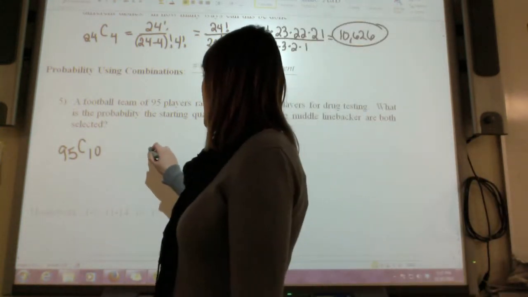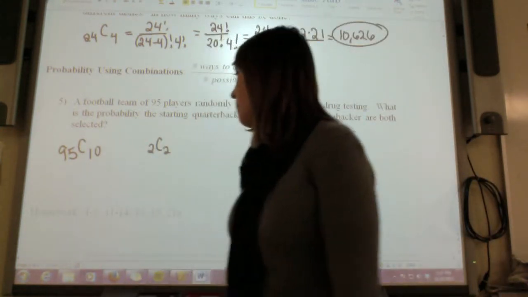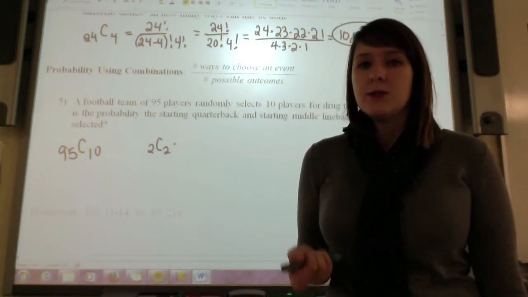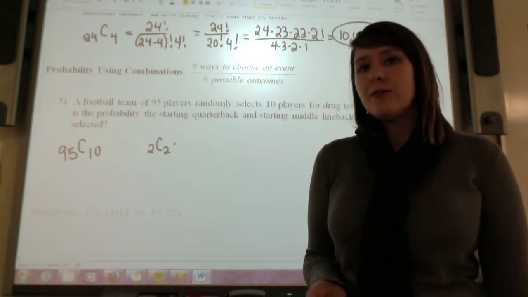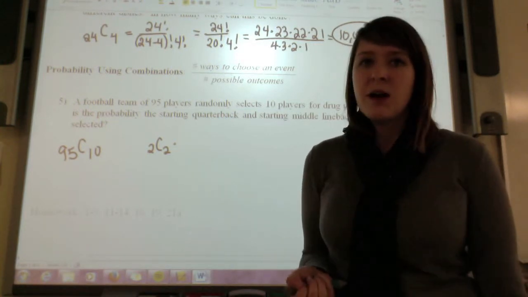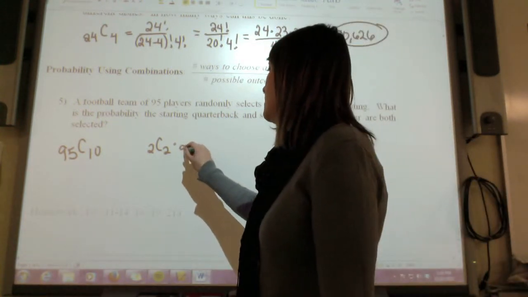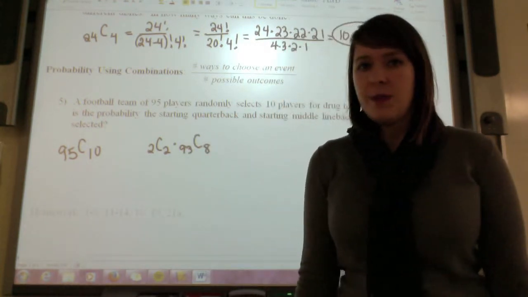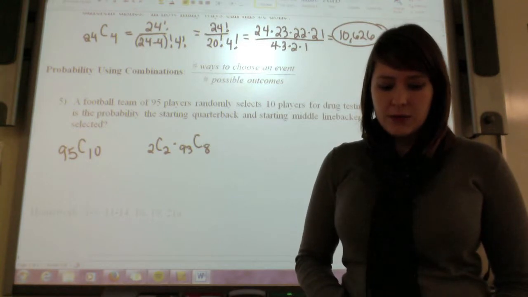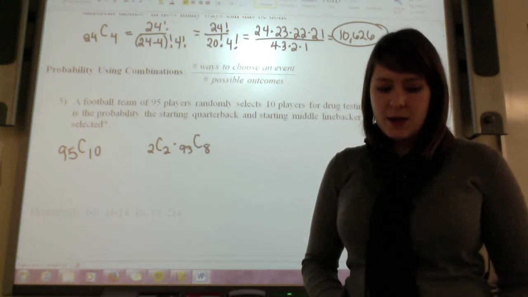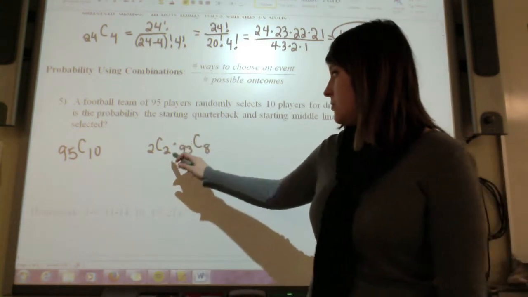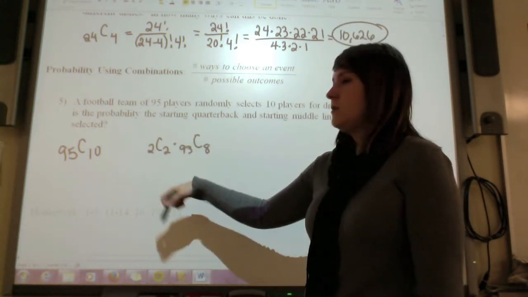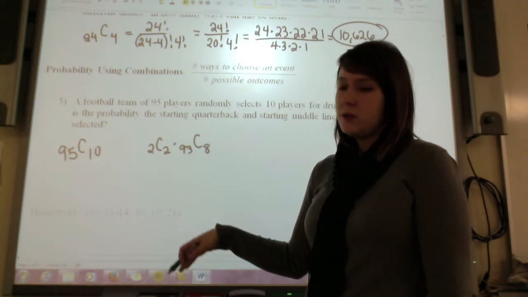That means I would have to choose two. Then I have 8 other people to choose, out of a total of 93 people left on the team. So 93 choose 8 is the other part there. So the number of ways I can choose that event is going to be 2 choose 2 times 93 choose 8. And this 2 choose 2, you'll notice, is just 1, so it doesn't really matter that it's there anymore.